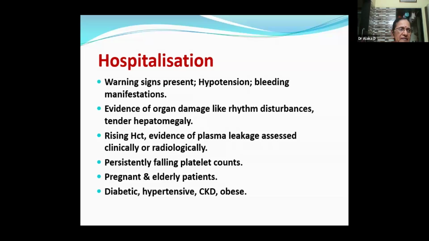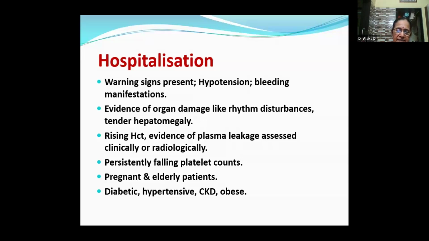Therefore, if patients come with fever and you are suspecting dengue, first do the CBC. You will find thrombocytopenia, and mark the hematocrit. On alternate days, you should do the hematocrit, and if the hematocrit is increasing, that means there is hemoconcentration. Why hemoconcentration? Because there is plasma leakage from the capillaries.